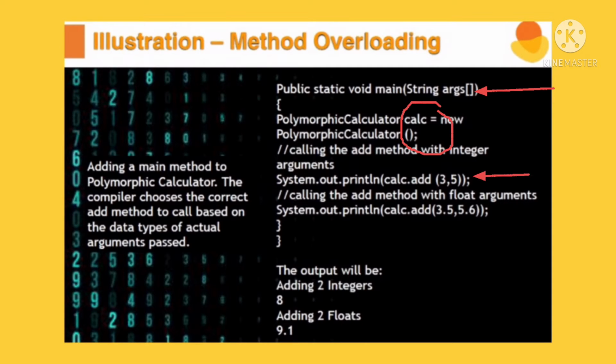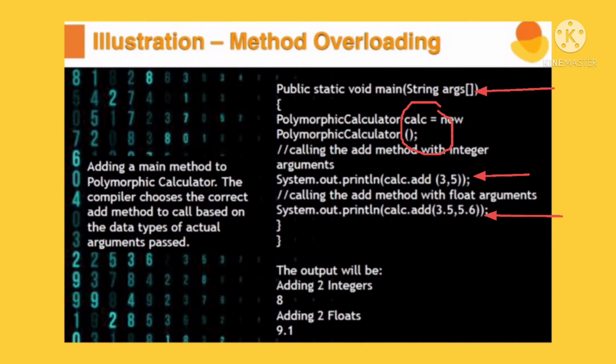First, pass two integer values and print out the sum of these integer values. In the second call, pass two float values and print the sum of these two values.